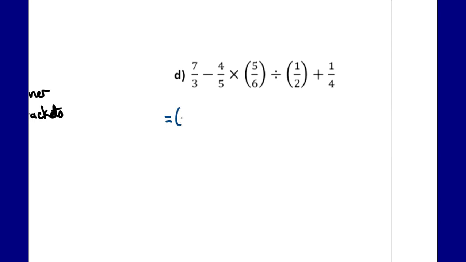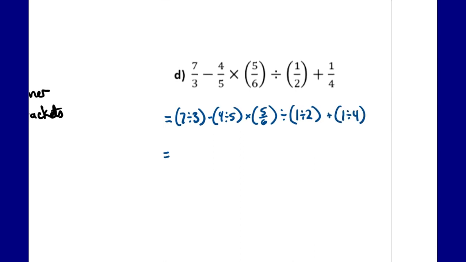So you could rewrite this as 7 divided by 3 in brackets, then minus 4 divided by 5 in brackets, times 5 divided by 6, divided by 1 divided by 2 plus 1 divided by 4. I have a fraction button on my calculator, so it's going to be a little bit easier for me because I can just enter the fractions as is.